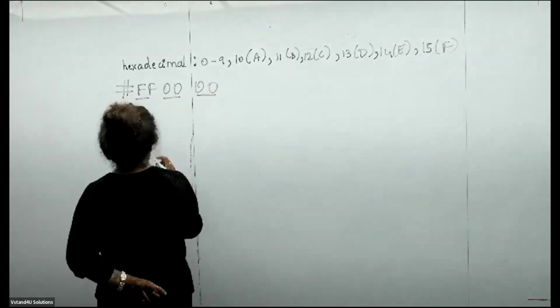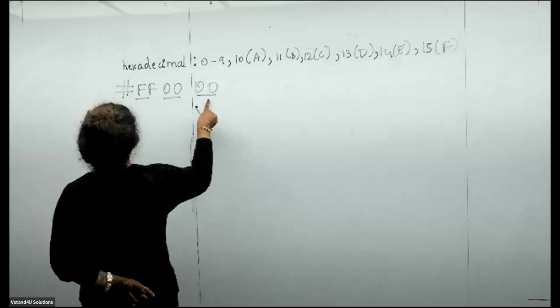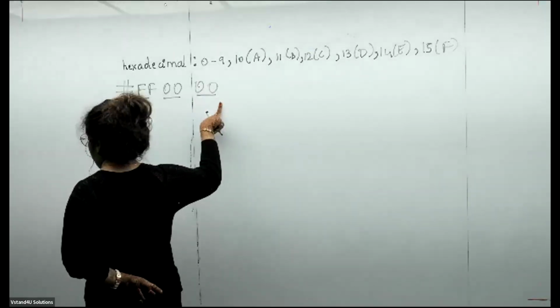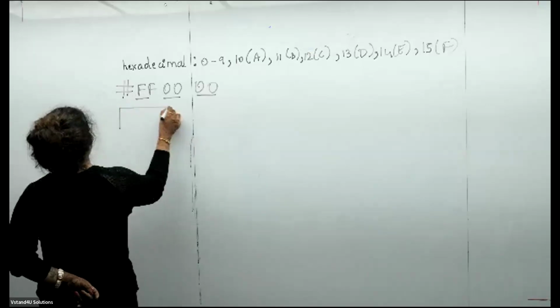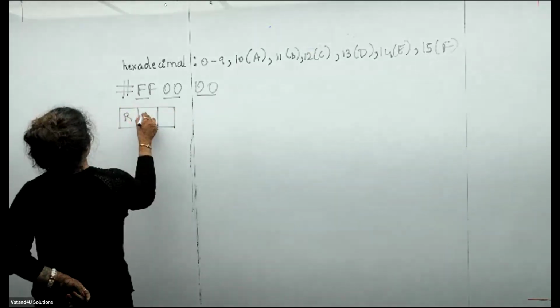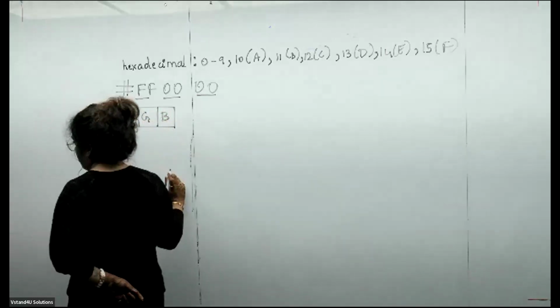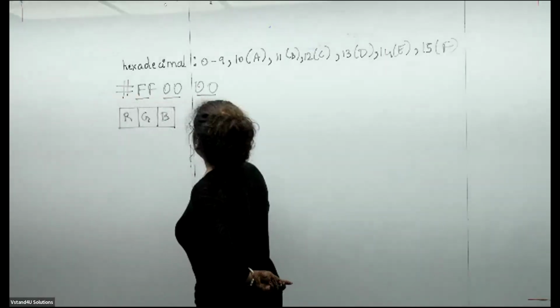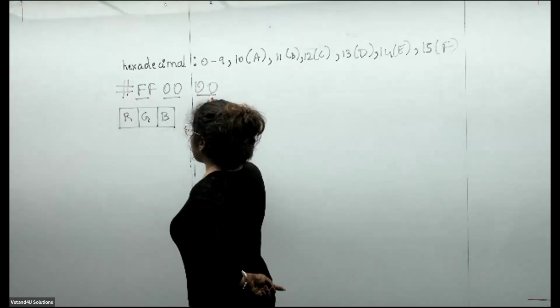If I take the last value as 0 and 0, first of all, let me write the RGB model for this. So now you have 0 and 0.